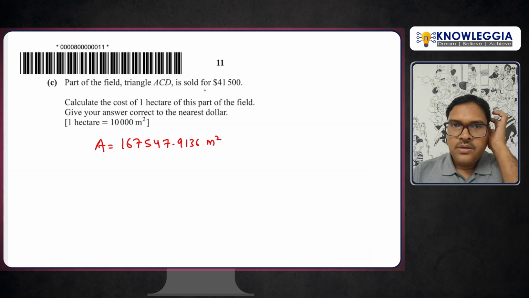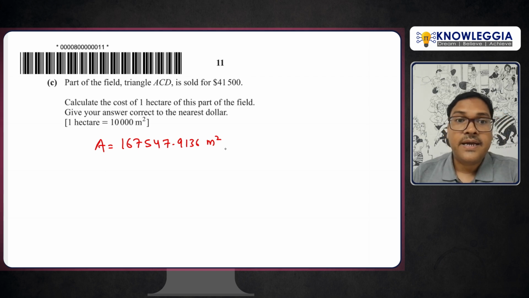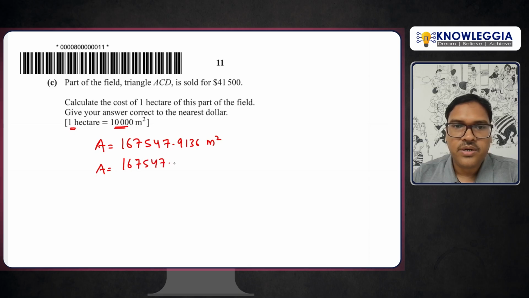Now if I write this in hectares, what is the area in hectares? Because it is given that 1 hectare is 10,000 square meters, this is 167,547.9136 divided by 10,000. Why am I dividing by 10,000?